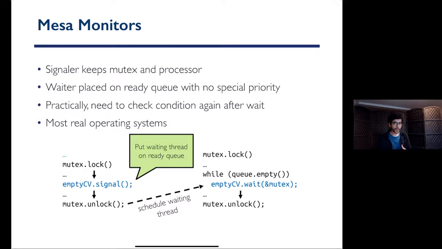Because with Hoare monitors, you have to do a lot of stuff atomically, and that makes the implementation a lot harder compared to Mesa. That's why I don't know any library that implements Hoare monitors. If you find any library that implements Hoare monitors, let me know, because I don't think there are any. Usually Hoare monitors are there just for teaching and textbooks.